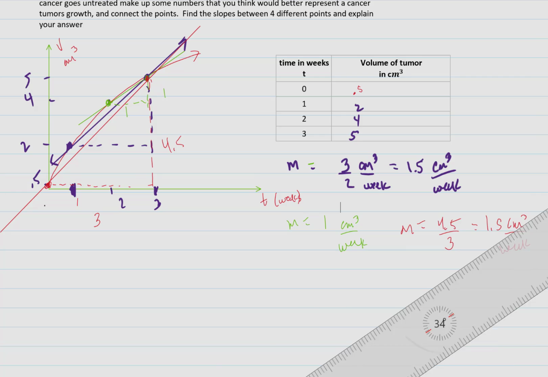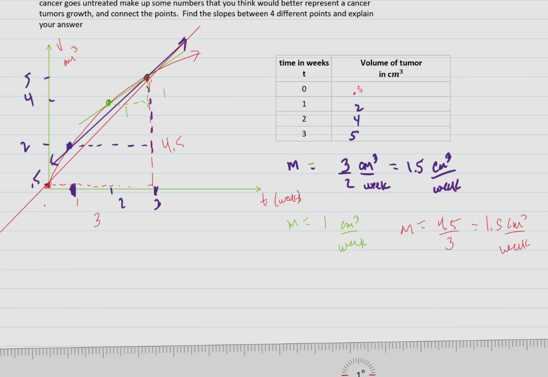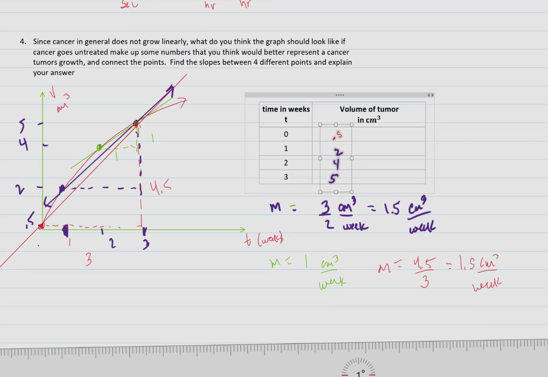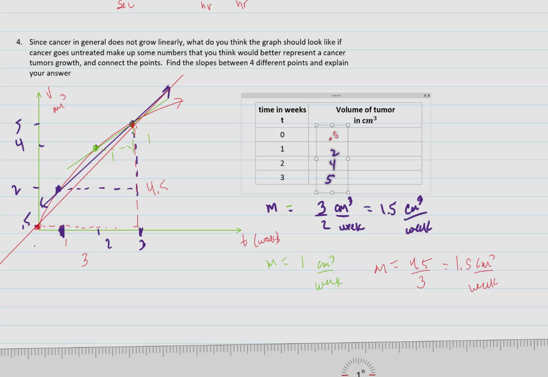So depending upon which weeks I look at, I might not really know how fast this tumor is really growing, because I'm doing this over a period of time. What I'd like to know is how to find the speed at which that tumor grows right now, at this moment. When we get into derivatives later, we will discuss that.